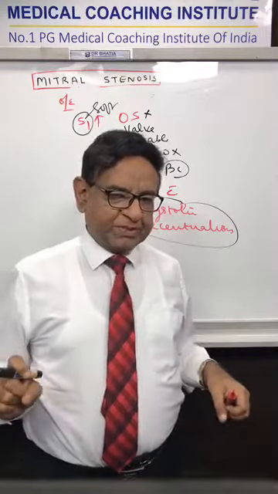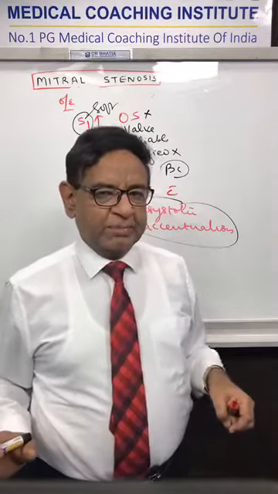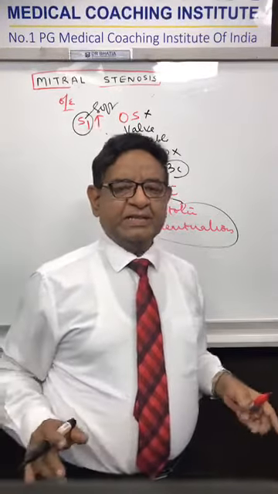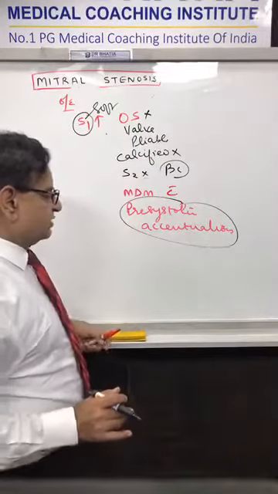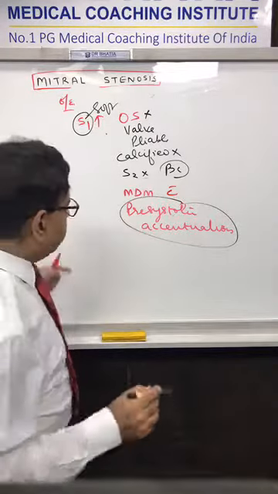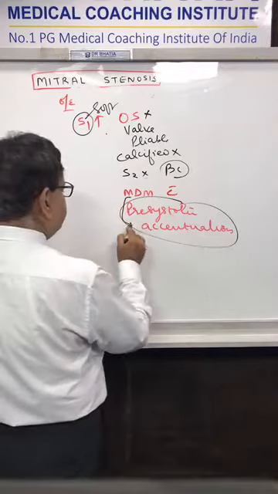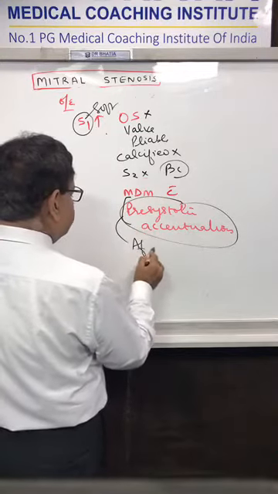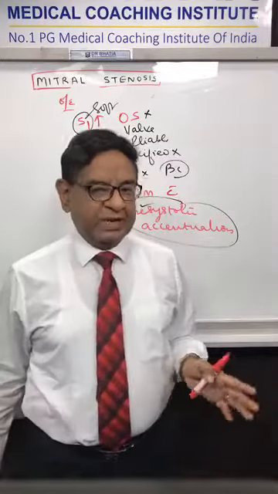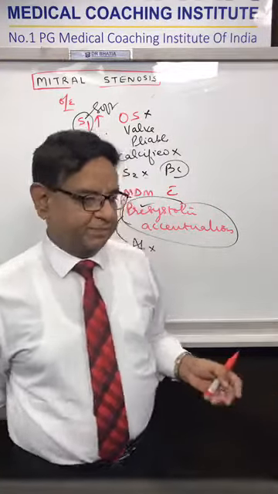Because of the pressure of the atria, more and more blood flows more rapidly into the left ventricle, and that leads to pre-systolic accentuation. So obviously, if an MS patient develops atrial fibrillation, this pre-systolic accentuation will disappear.